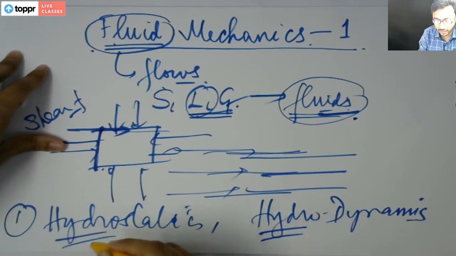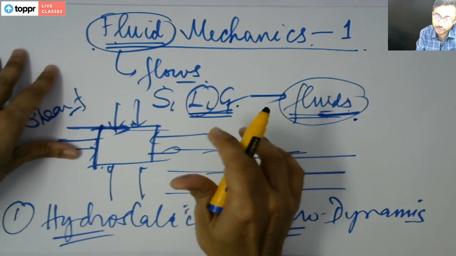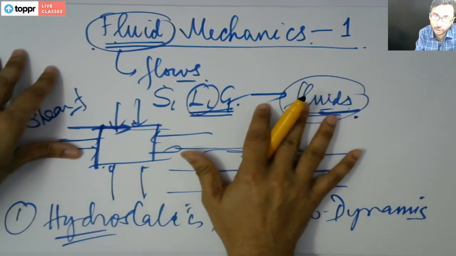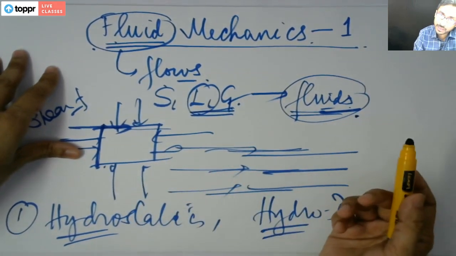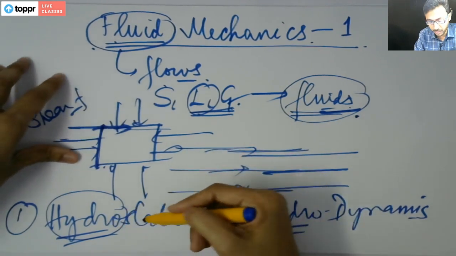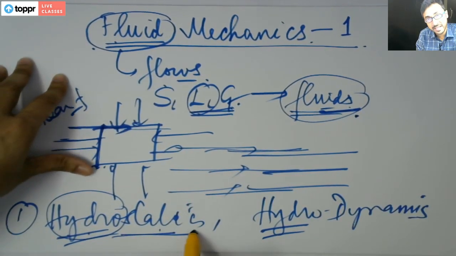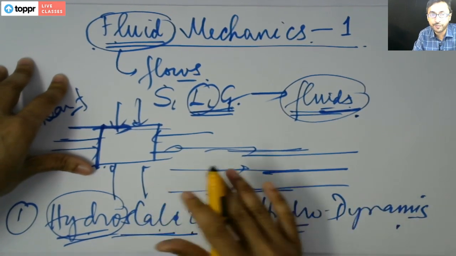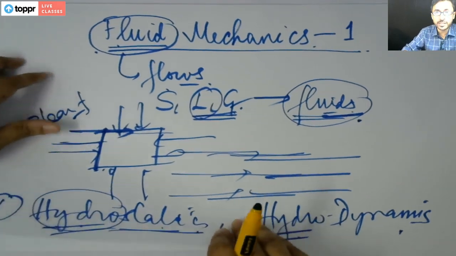We're using the word hydro because commonly we deal with water, but it does not mean that the laws and everything are not applicable to other liquids. They are also applicable to other liquids, but water is the most common liquid and we are naming it hydro. Now hydrostatics means when the fluid is at rest, and hydrodynamics is when the fluid is moving. Very simple. Today we will study laws of hydrostatics.